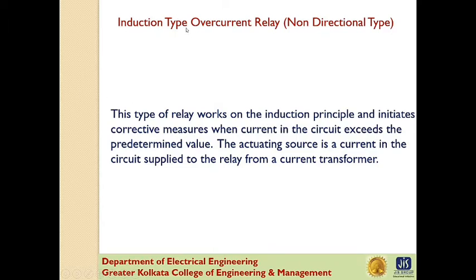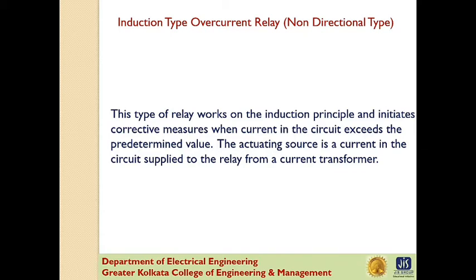First, start with induction type overcurrent relay, non-directional type. This type of relay works on the induction principle and initiates corrective measure where current in the circuit exceeds the predetermined value. The actuating source is a current in the circuit supplied to the relay from a current transformer.